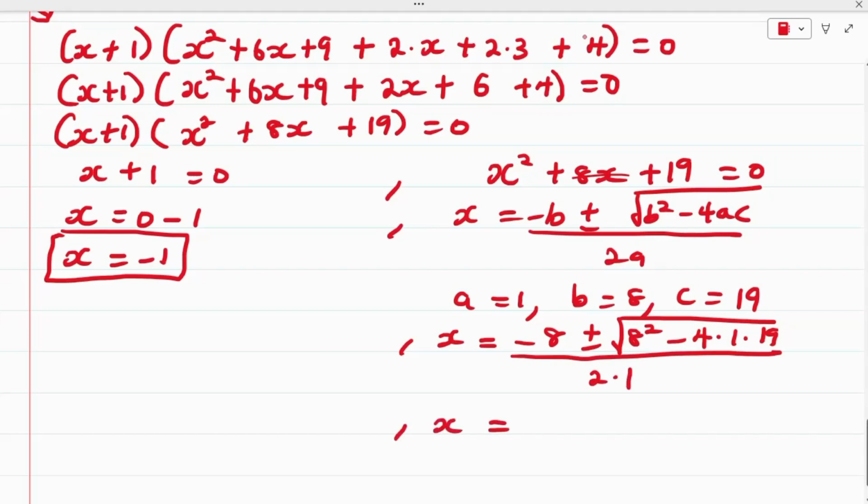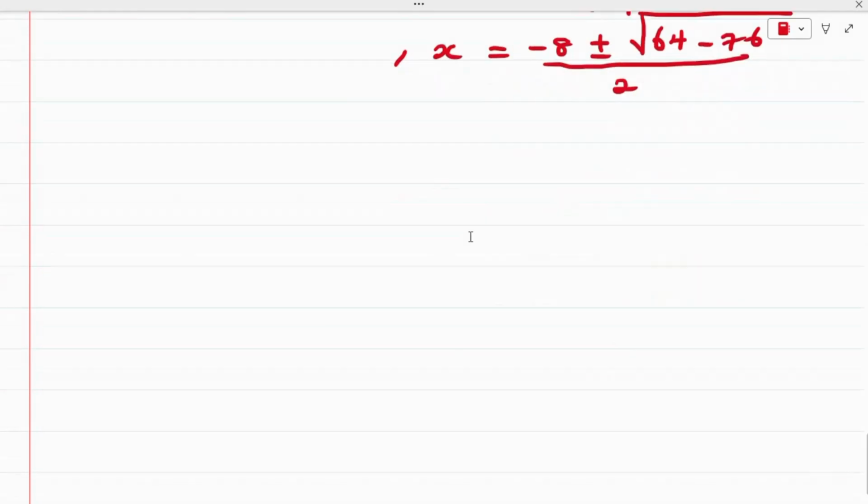We have that x = (−8 ± √(64 − 76)) / 2, and so x = (−8 ± √(−12)) / 2.